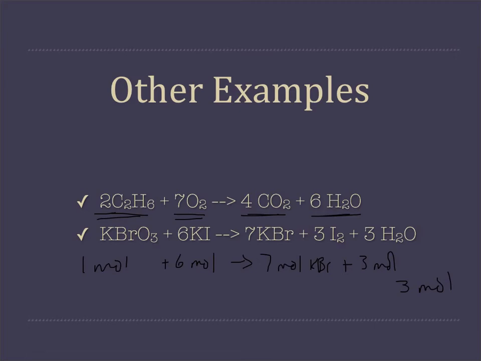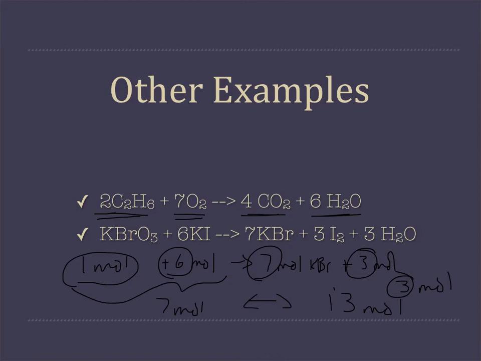Eventually we're going to learn some things about these ratios, and they will be very important in the next section when we are reacting. Notice that these aren't equal on both sides. On this side I have 7 moles, and on this side I have 13 moles. There is no law of conservation of moles.